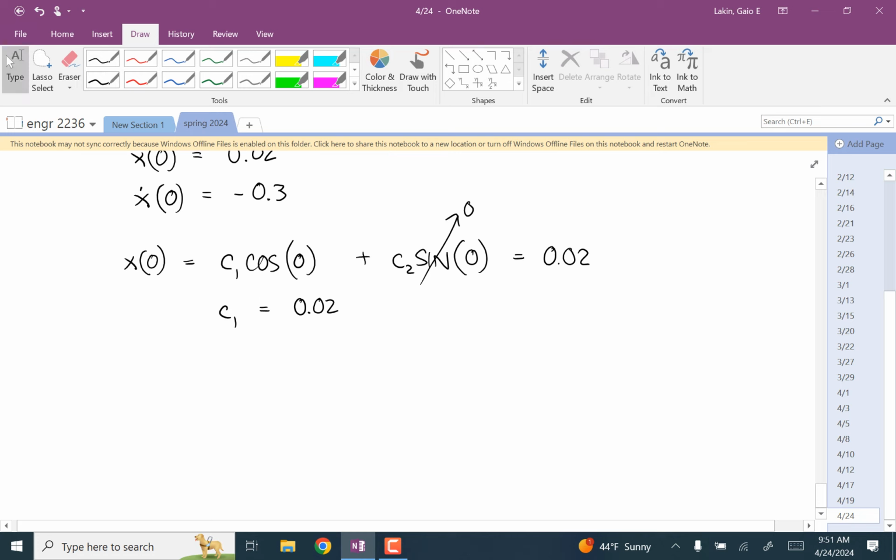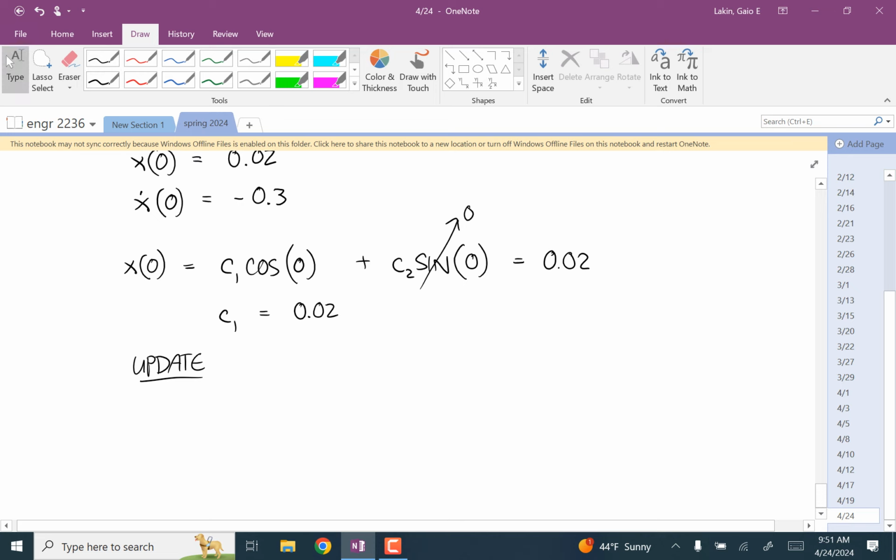Okay, and now update that. We have x as a function of time is equal to 0.02 cosine of 20t plus C2 times the sine of 20t.